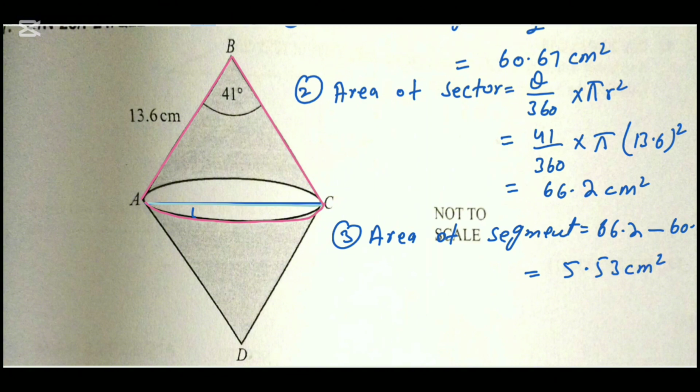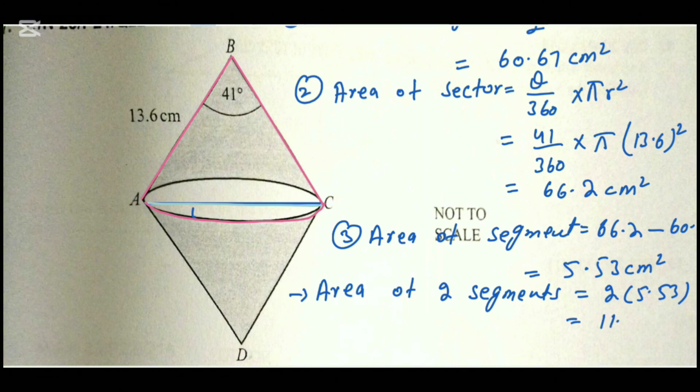This is the area of one segment. Because there are two segments, 1 and 2, now we will find the area of two segments, that is 2 multiplied by 5.53, and the answer is 11.06.